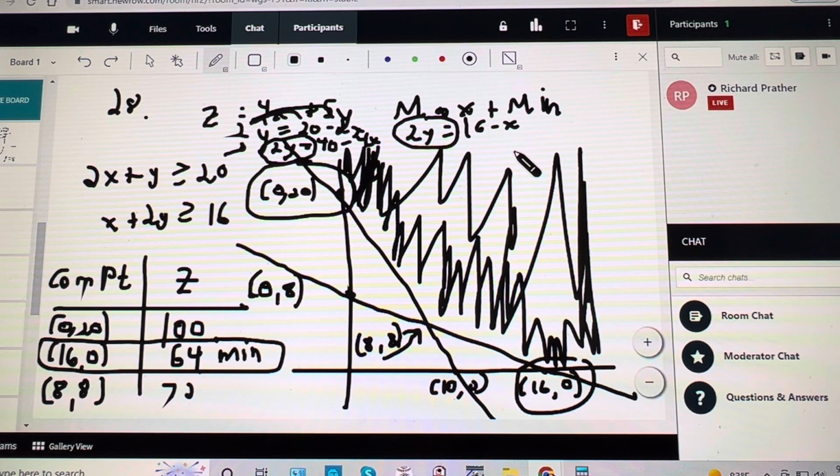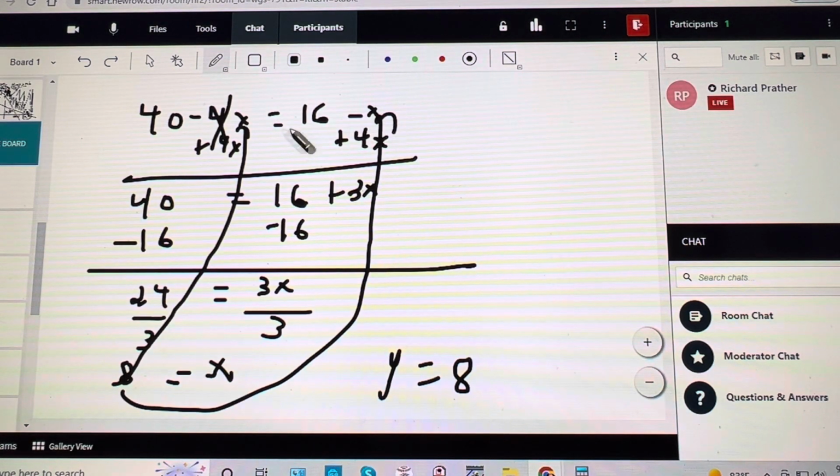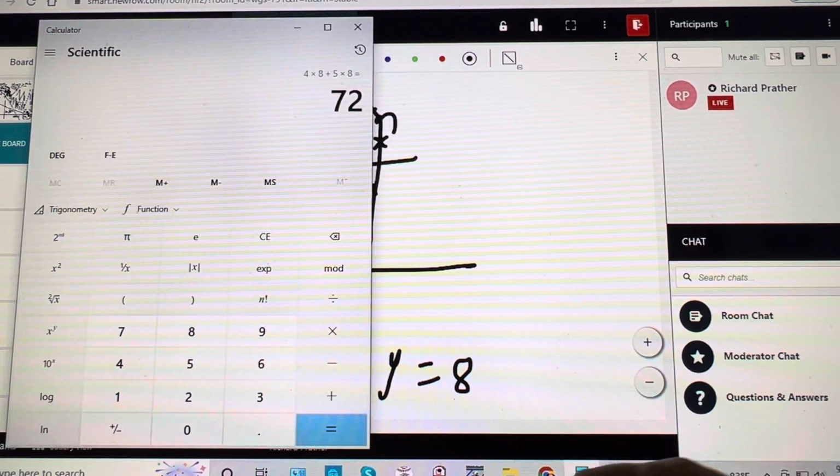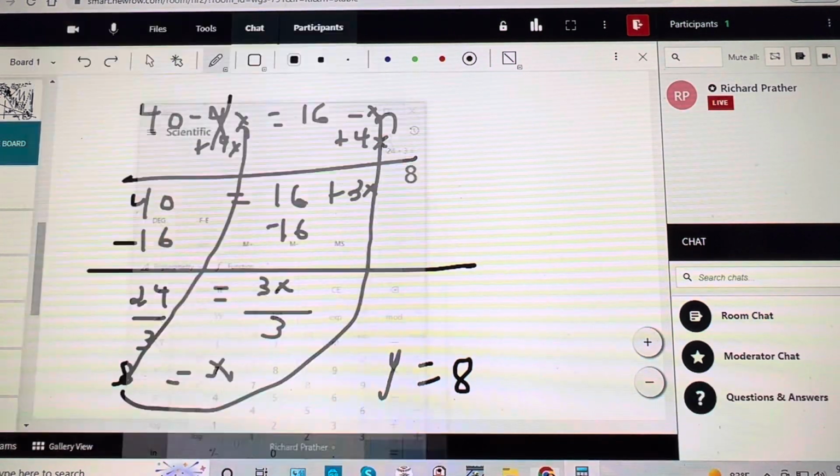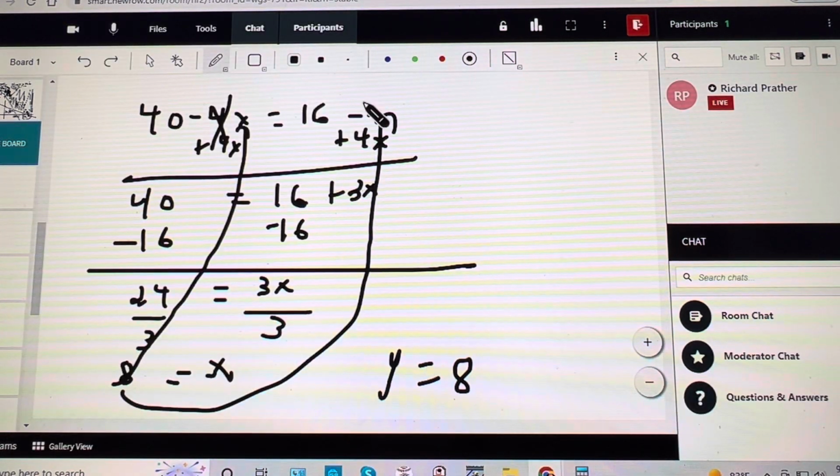That's already 2y. 40 minus 4x, 16 minus x. 3x, 40 minus 16 is 24. By 3, x is 8. How is y 4? 16 minus 8 is not 4. And 40 minus 32 is not 4. Oh, I know why. Okay, I know what I'm messing up.